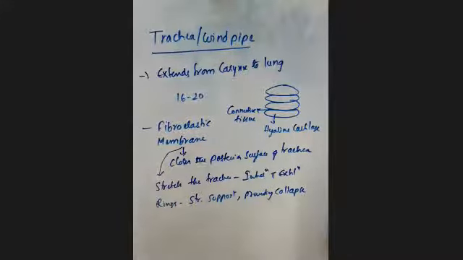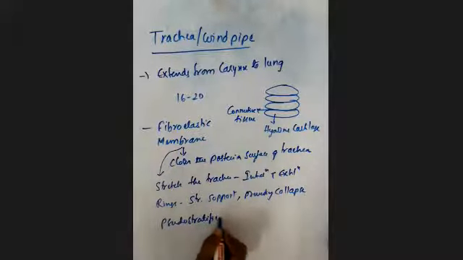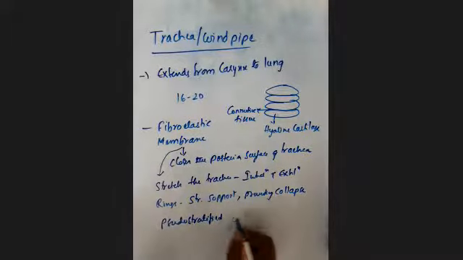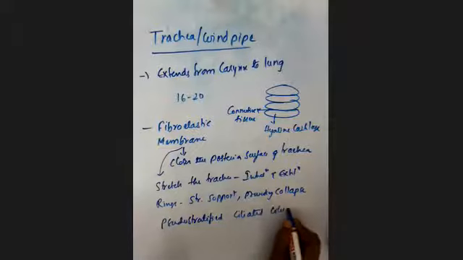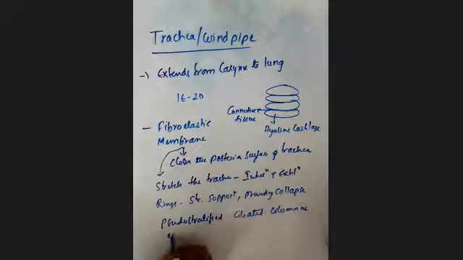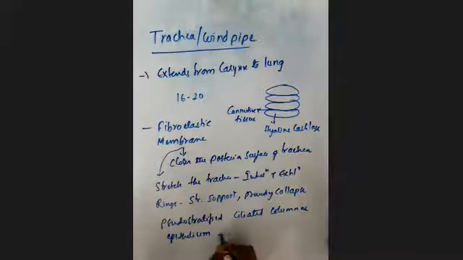Okay, and next one is it is mainly lined by pseudostratified ciliated columnar epithelium, that contains goblet cells.